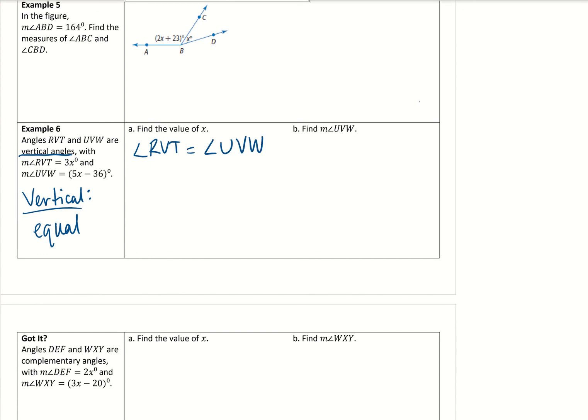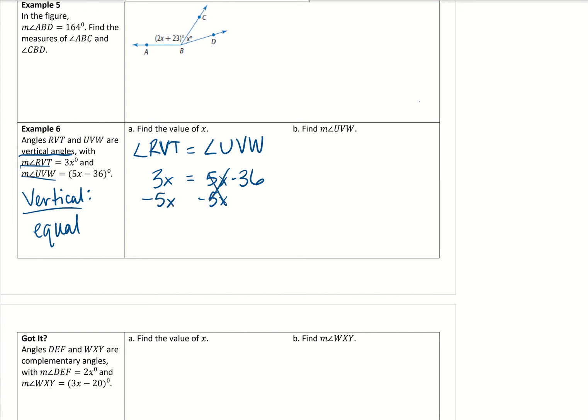Then we can just plug in the stuff that we get here. So RVT we know is 3x, and UVW we know is 5x minus 36. So what I'm going to do is subtract 5x from both sides.